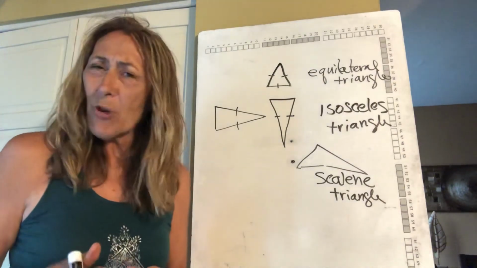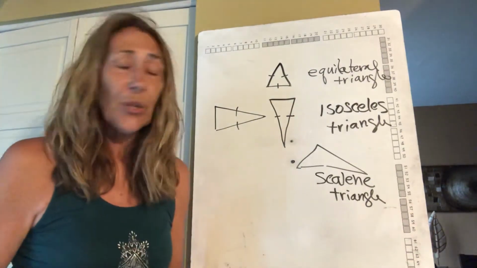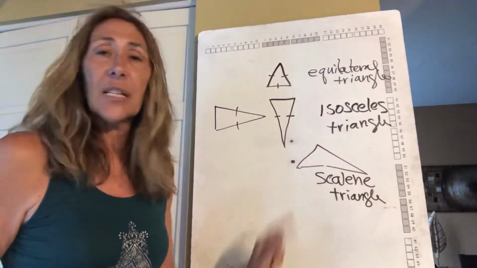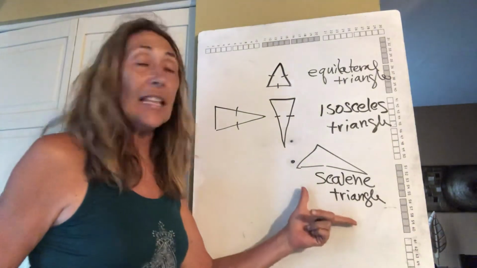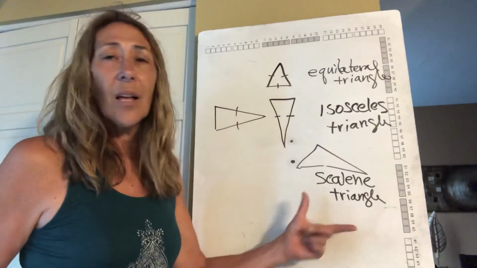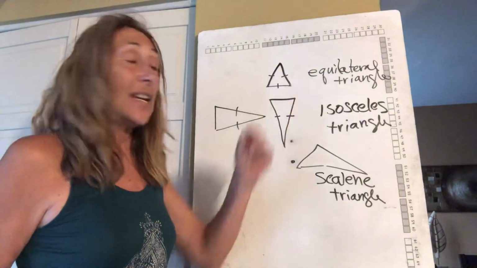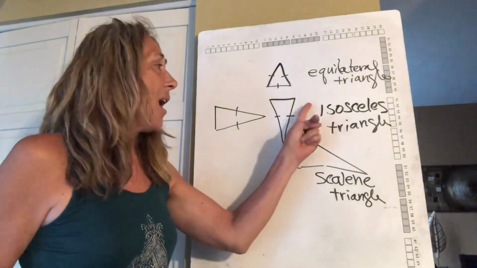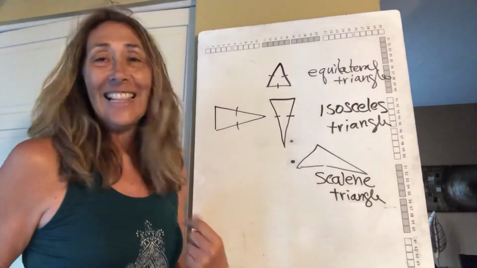And I like to remember it by, when you step on the scale, there's a lot of different numbers. So every side is different. Every angle's different. This is scalene. Scalene triangle. None of the sides are congruent. If every side is congruent, equilateral. Two sides, isosceles. None of the sides, scalene.